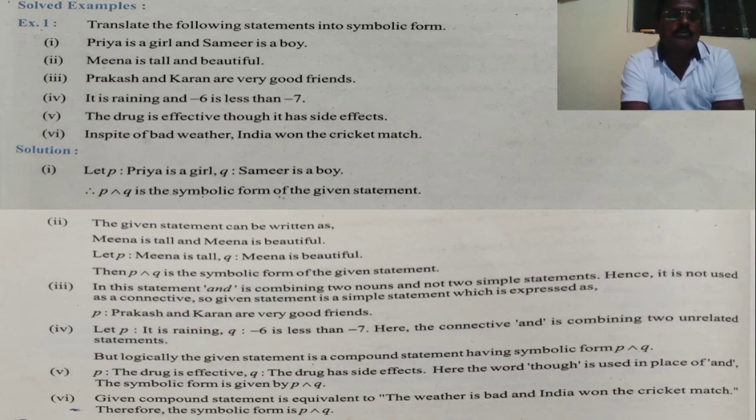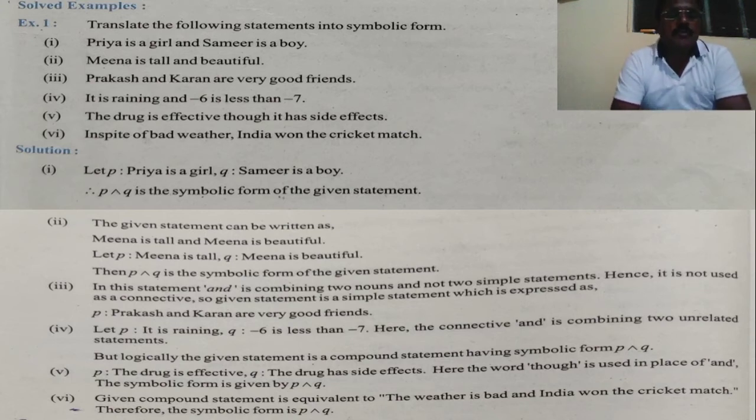Then we have to use the connective conjunction, because in "Meena is tall and beautiful", "and" is the conjunction. Therefore, P and Q is the symbolic form of the given statement.